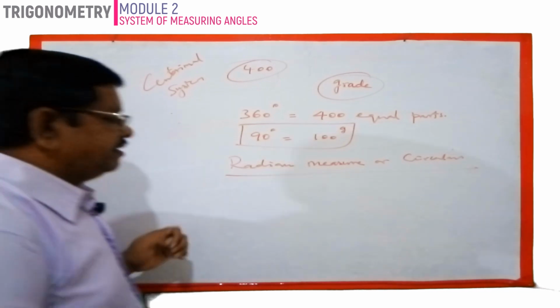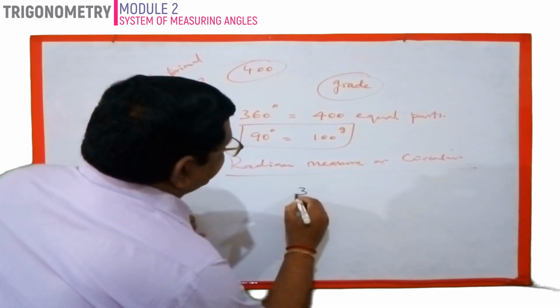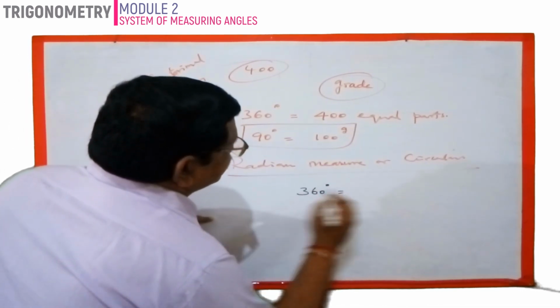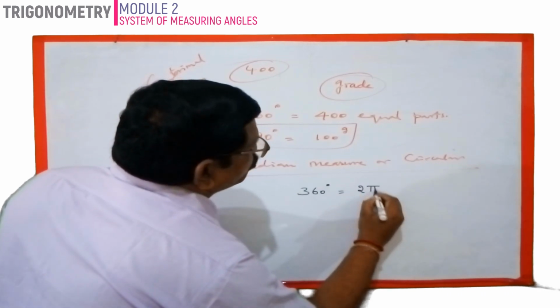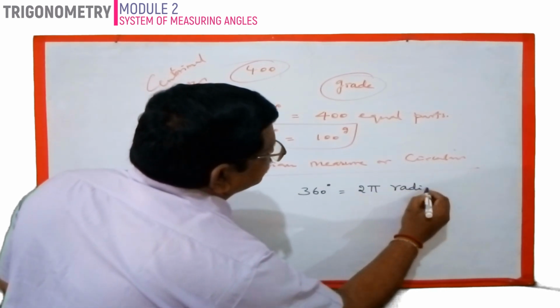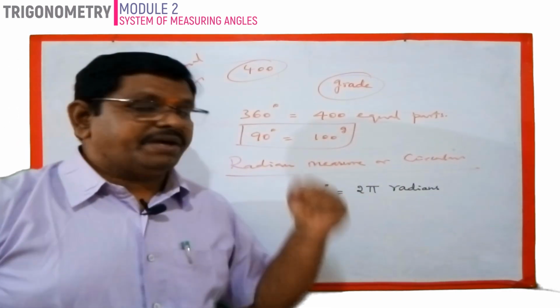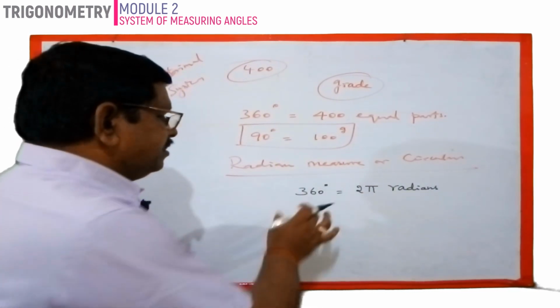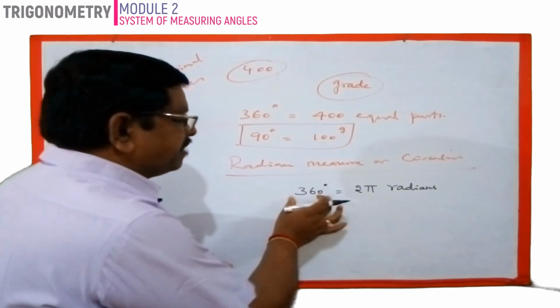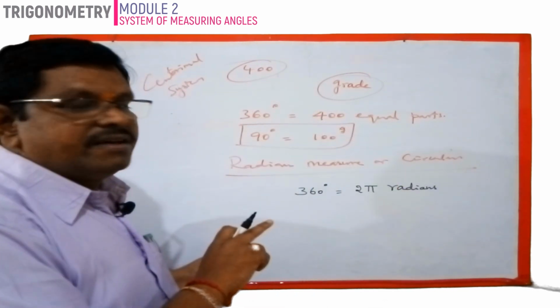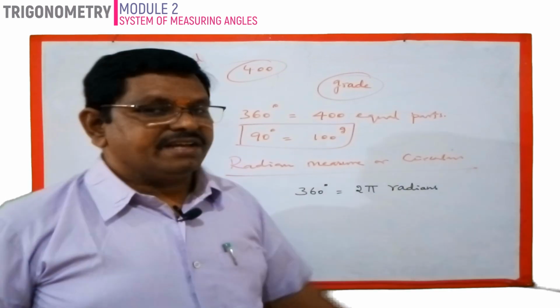So here 360 degrees is taken as 2 pi radians. So you know what is the meaning of pi? What is the value of pi? Pi is 22/7. So 360 degrees, that means one complete angle, is divided into 2 pi radians.